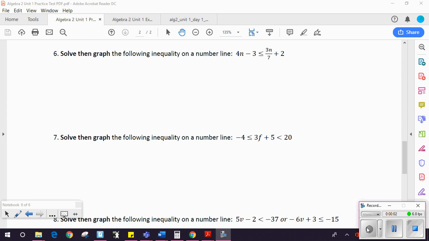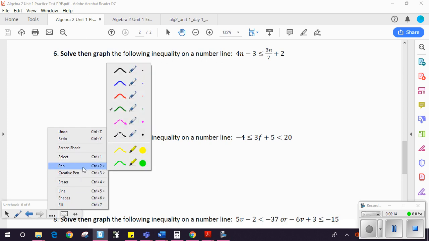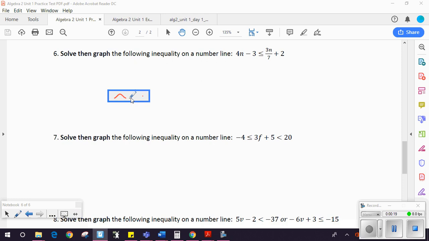All right, number 6, solve then graph the following inequality on a number line. So I have variables on both sides. The first thing I would do is get rid of the fraction to make my life a little easier.